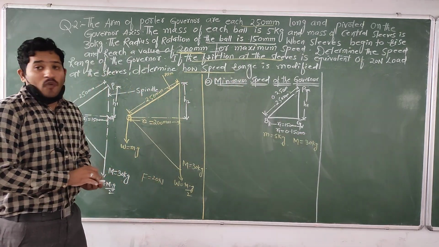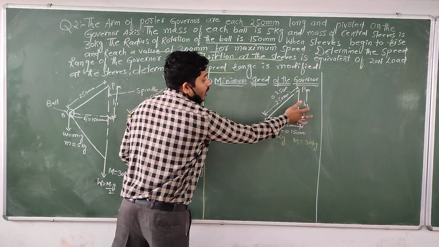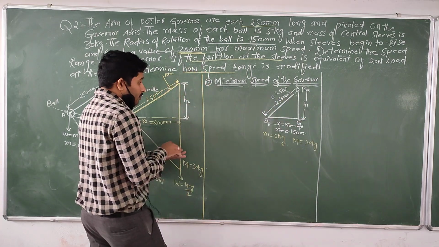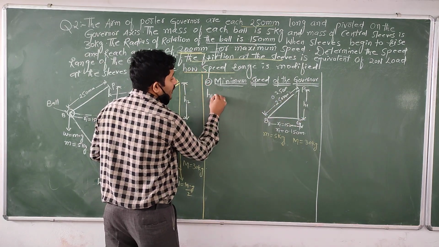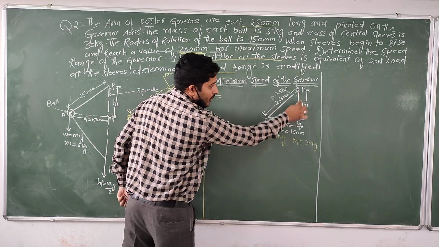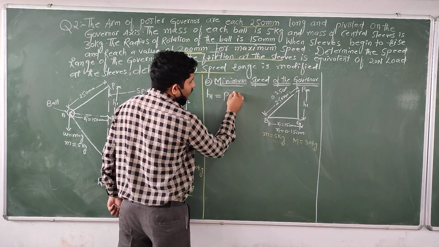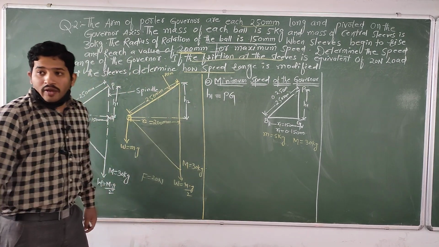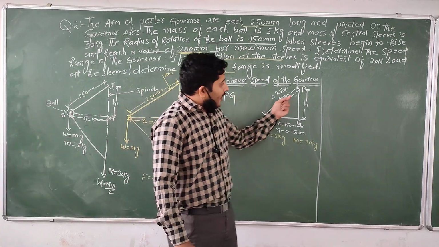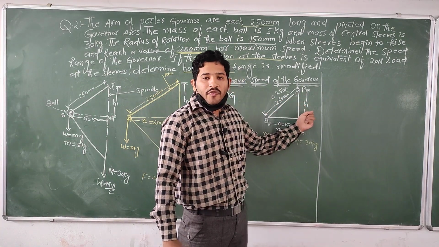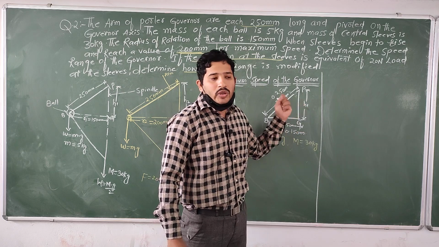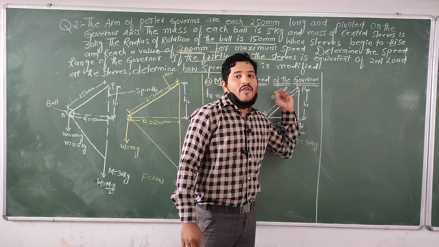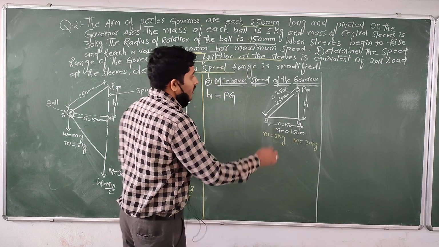The first thing is what we need to find out? We need to find the value of H1. So this means that H1 is equal to PG. We need to find the value of H1. If you want to find the value of H1, you need to follow the Pythagoras theorem. Is it right?